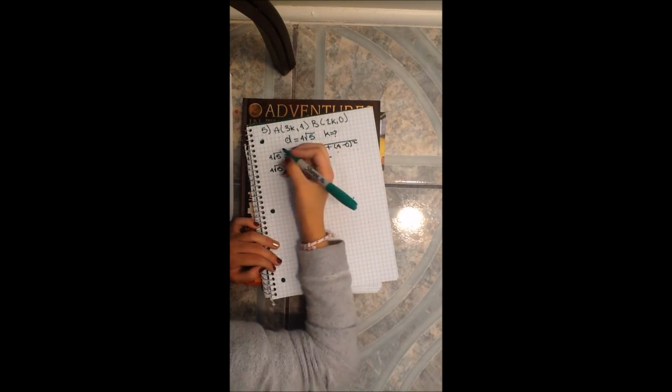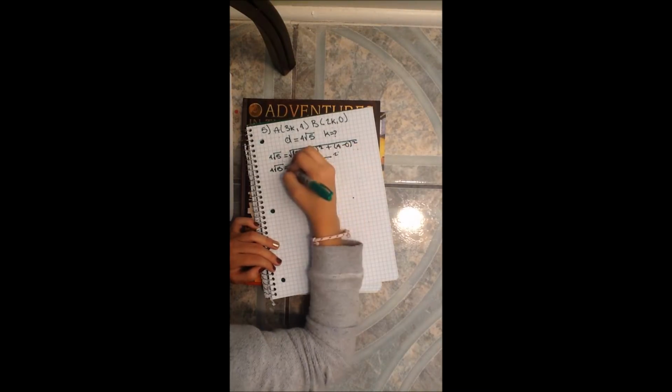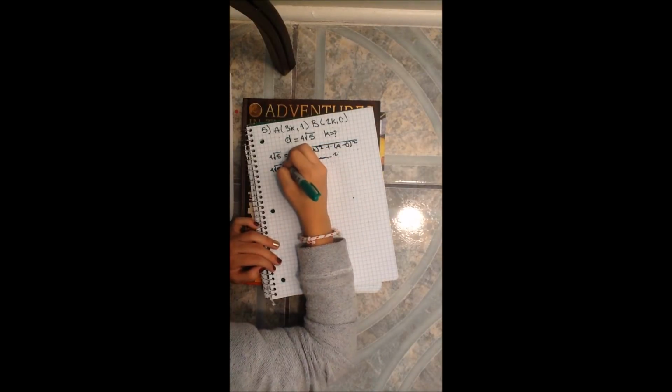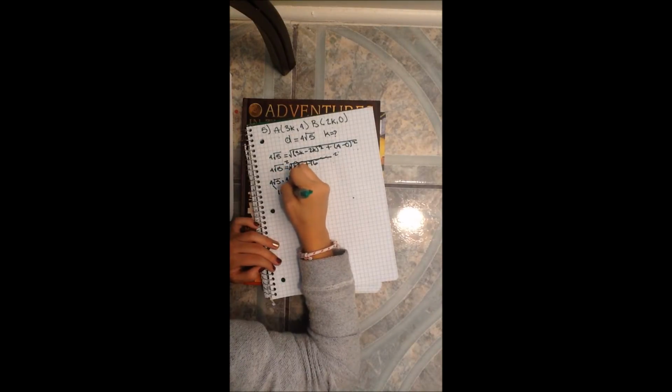And then for you to get rid of the square root, you square this side, so it's gone. And then you also square this side, so 4 square root of 5 times 4 square root of 5. 4 times 4 is 16 times 5 equals 80.